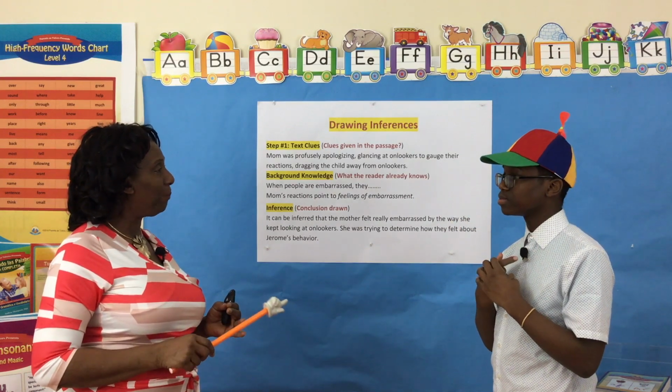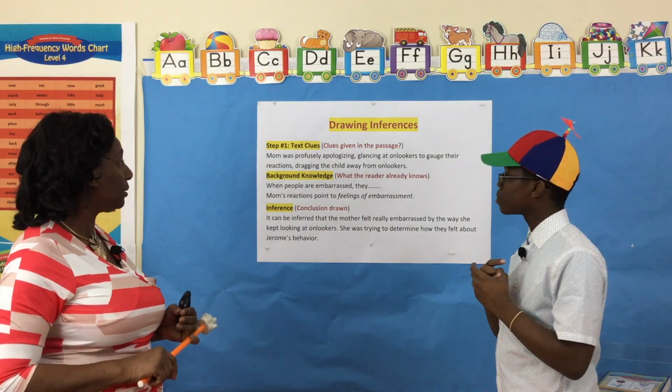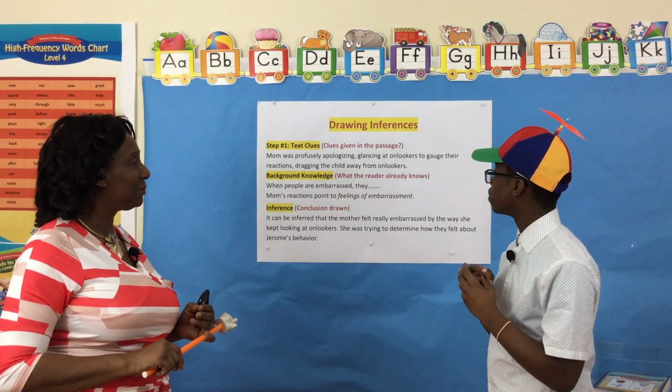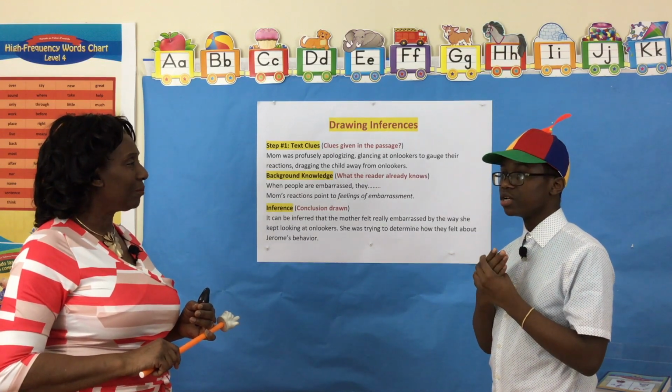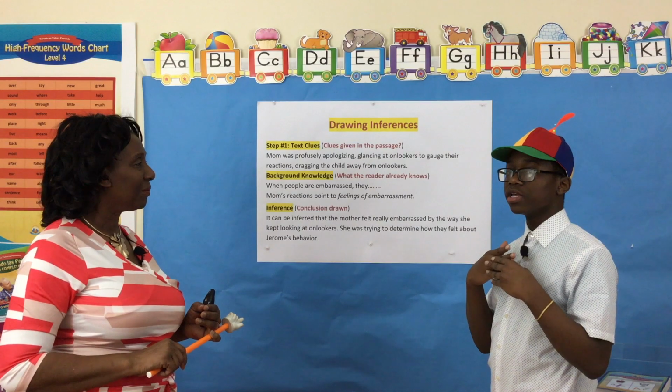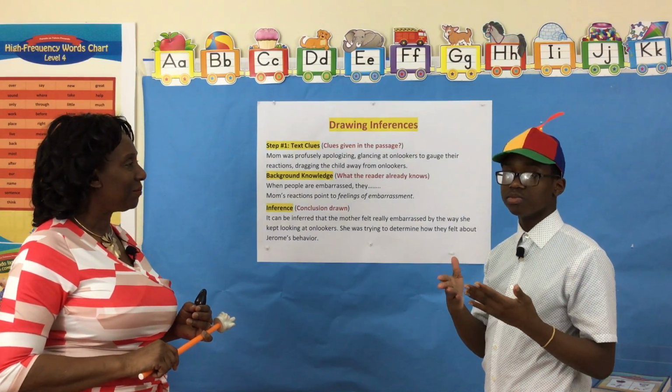Okay, and you say that points to being embarrassed? Being embarrassed. Okay, how about the third one? Dragging her child away from the onlookers. This one, well, she wants to get away from the situation, so she's going to the restroom with her child.